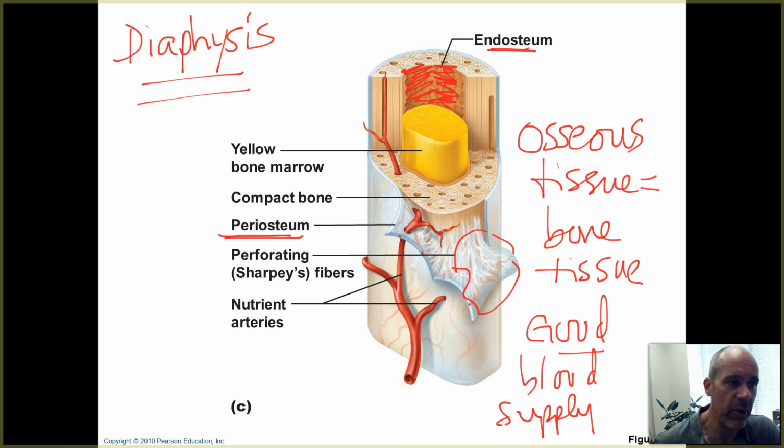There are no spaces for blood vessels to enter. Bone is different though. Bone, you can see the artery here actually extends into the bony tissue itself and has branches that come off of it and wind up supplying the internal parts of the bone with blood.